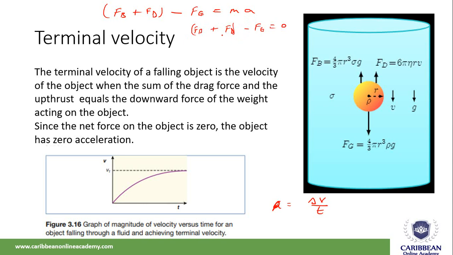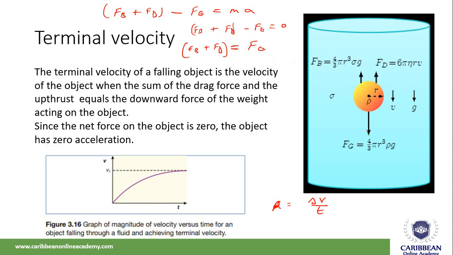And with that being said, we can now say that the sum of the upward forces is equal to the downward force. Good? So whatsoever the upward forces are, it is equal to the downward force.